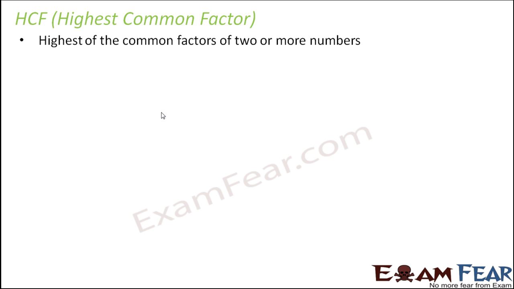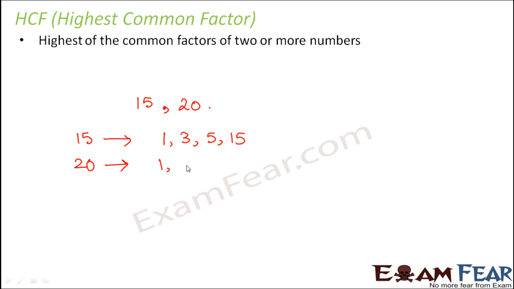So let us take examples of some numbers. Let us try to find out the highest common factor of 15 and 20. For that, let us first find out the factors of 15. What are the factors of 15? 1, 3, 5 and 15. Similarly, let us note down the factors of 20, and that would be 1, 2, 4, 5, 10 and 20. By now you know how to find factors, right?